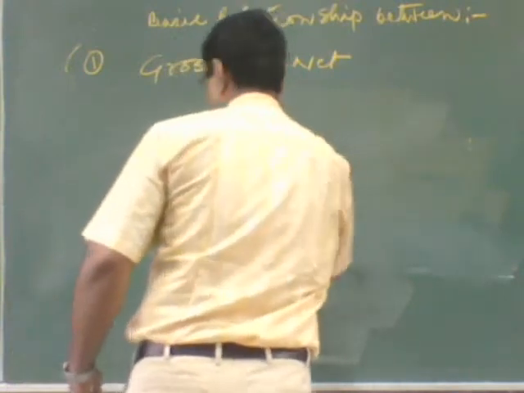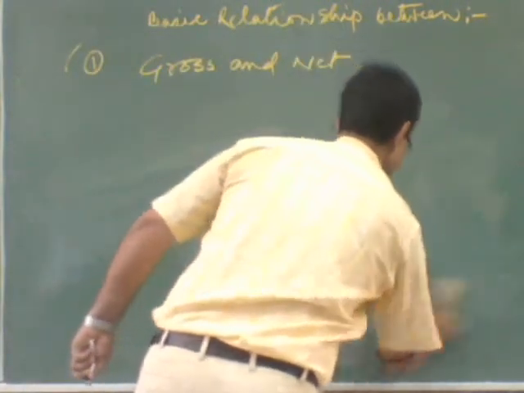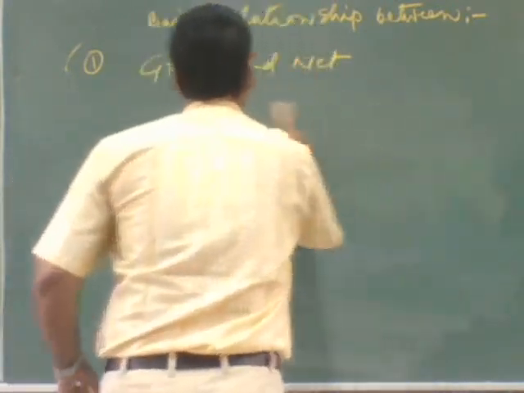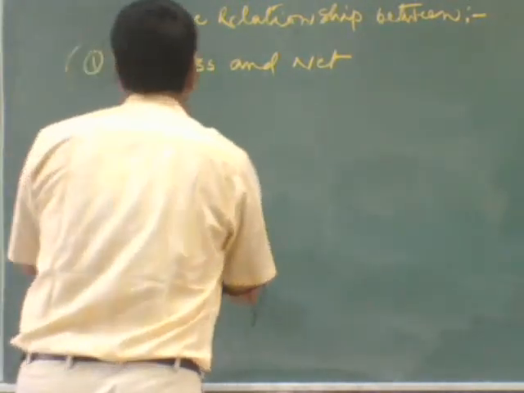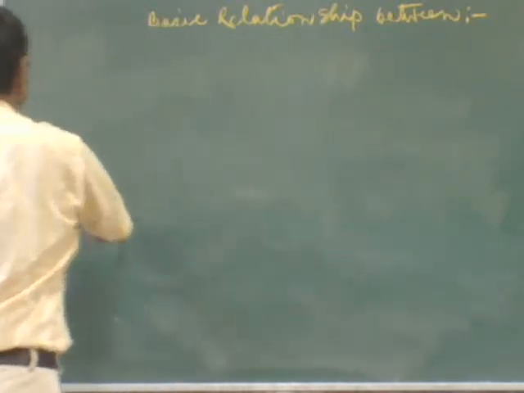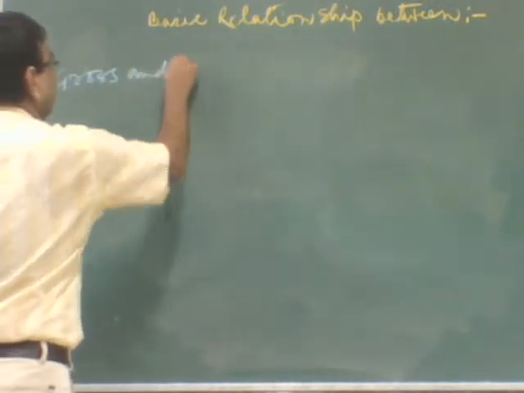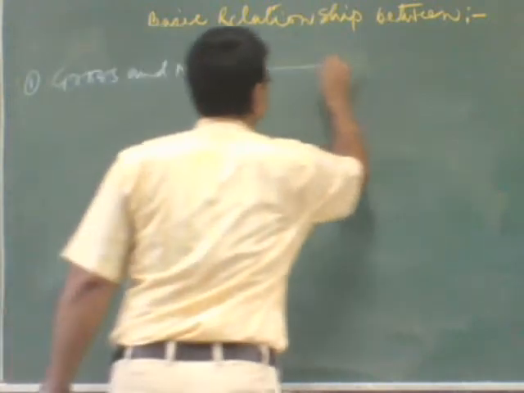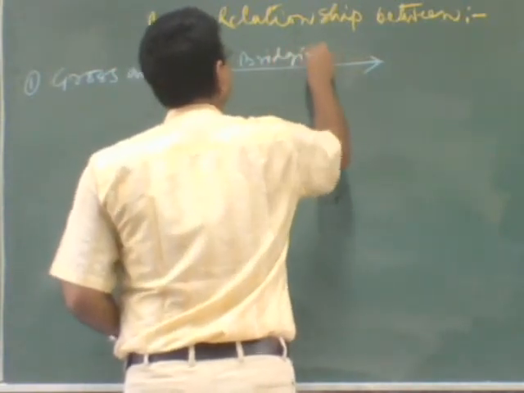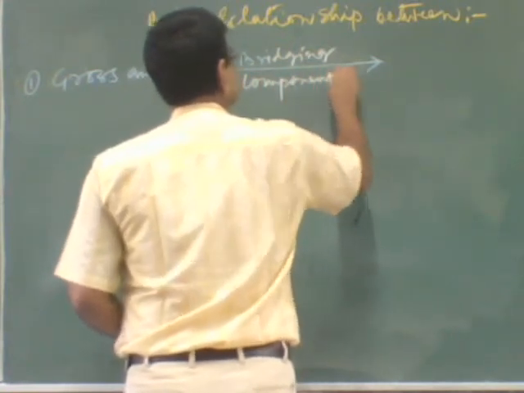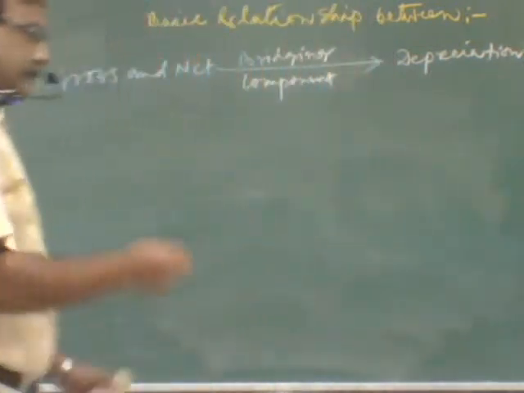For establishing gross and net, the bridging component is depreciation.